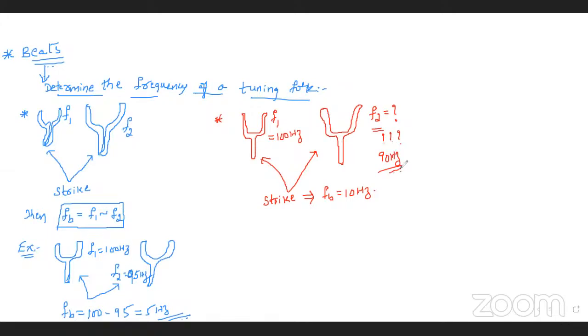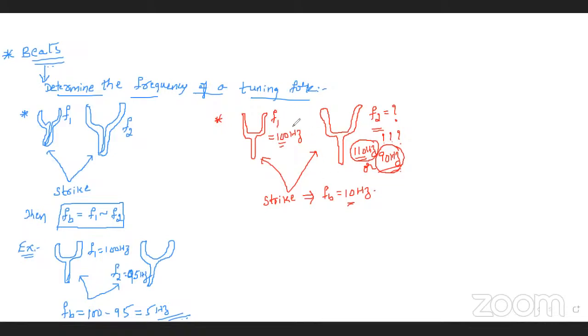Sir, if we subtract 90 from 100, we'll get 10 Hertz. Yeah. Now, instead of taking 90, if I take 110 Hertz, if I take the difference between 110 and 100, I will get 10 only, no? Yes, sir. So, for F2, there will be a possibility of two values. Yes, sir. Either 90 or 110.